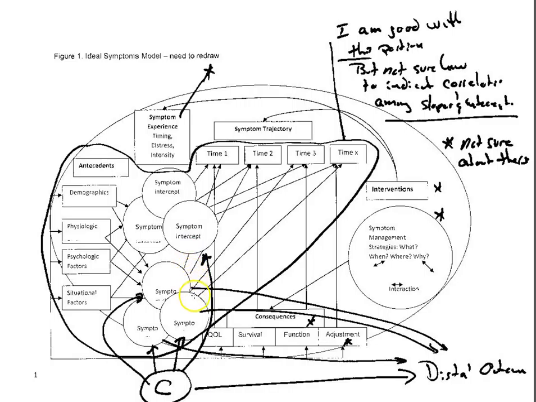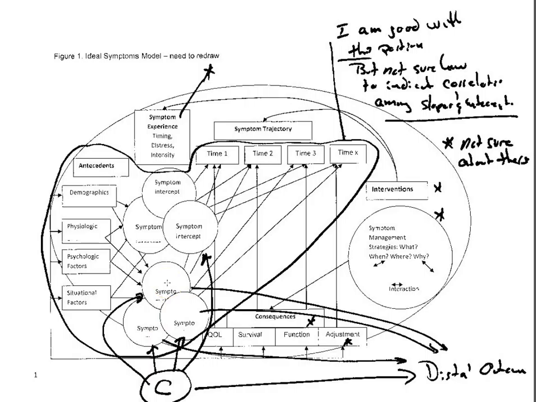It would be nice to see some way to model that these symptoms, slopes and intercepts could be correlated, so arrows between them.